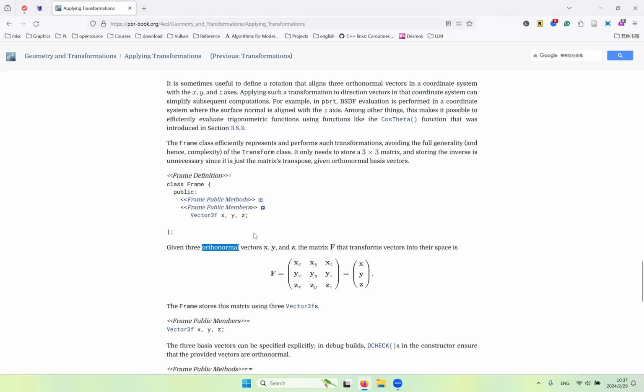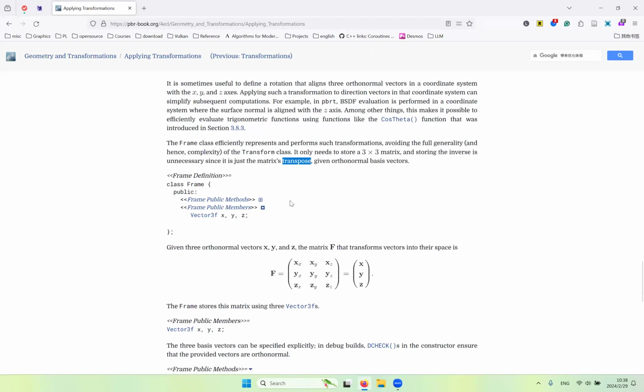Now for people who don't know, orthonormal just means all three vectors are orthogonal to each other and all of them are unit vectors. And also, we don't need the inverse, because for an orthonormal matrix, the inverse is just the transpose. So for example, a rotation matrix is orthonormal, and the rotation's inverse is just its transpose. It's the same kind of thing here.